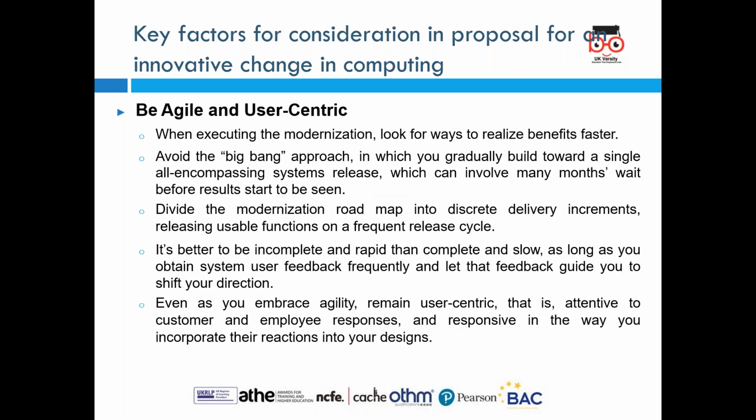Also, we have to be agile and user-centric. That means our new system is going to check all our components in each single stage, and the main target is to focus on the end product and what the main requirements from our customers are.